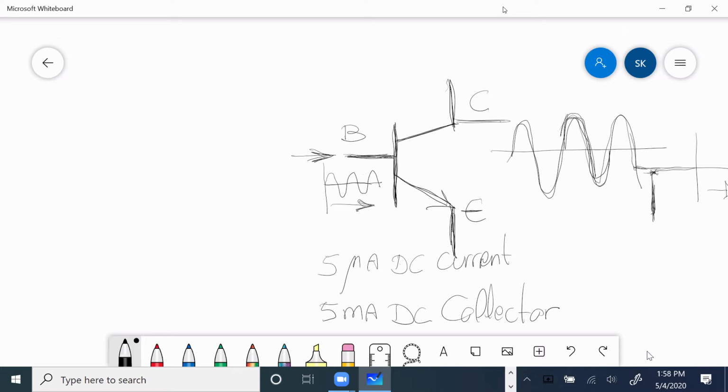So this small current at the base will give me a larger current at the collector.